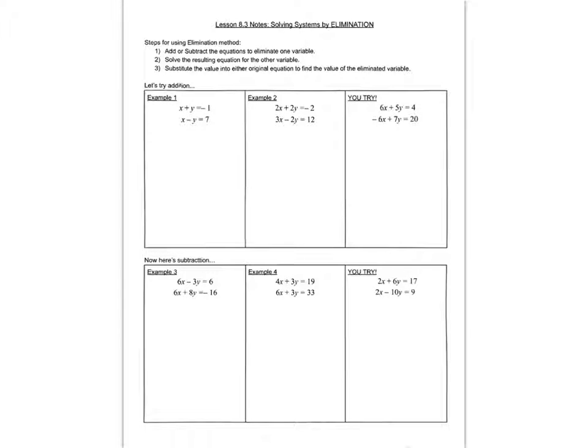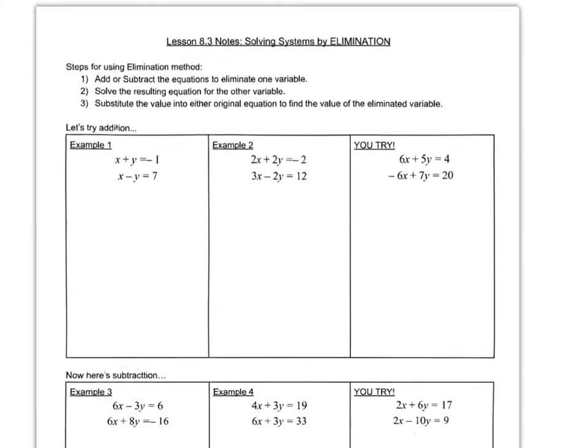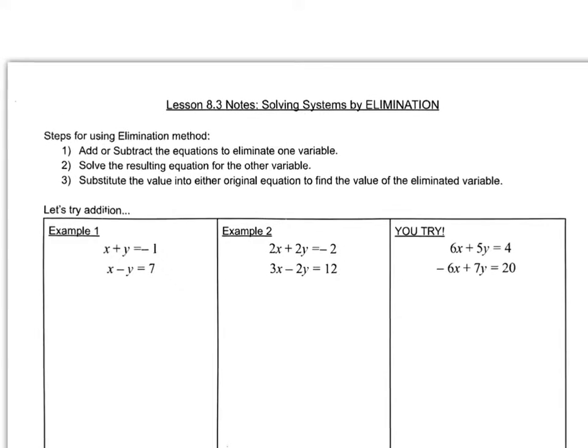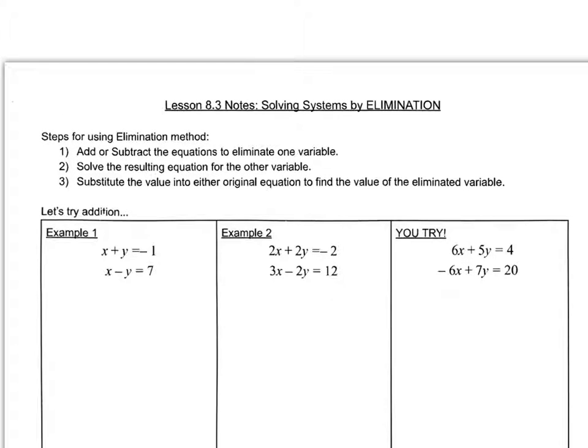I do have some steps for you, steps 1, 2, and 3, as you can see at the top. We take our two equations, right? Remember, we're trying to solve for x and y. We want to add or subtract the equations together, and that's going to eliminate one of the variables, or make a zero. So when we say eliminate, we're making a zero. What's left over is an equation that we'll be able to solve for one of the variables, the one we didn't make a zero with.